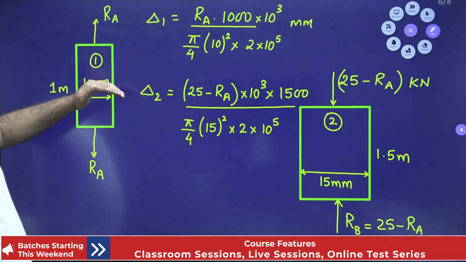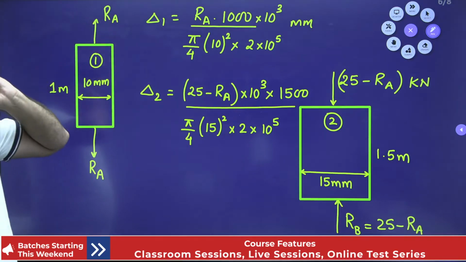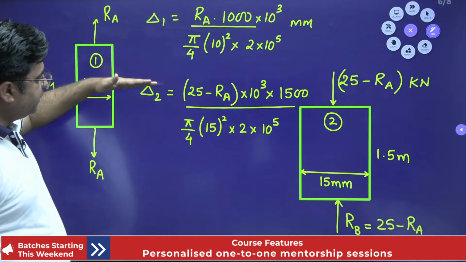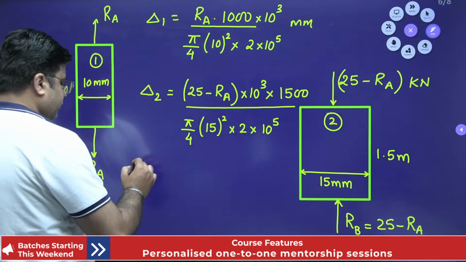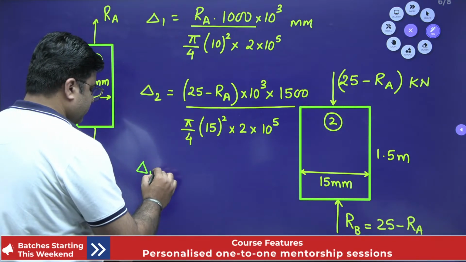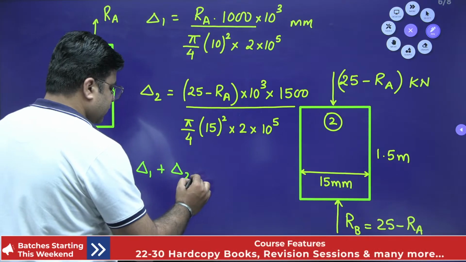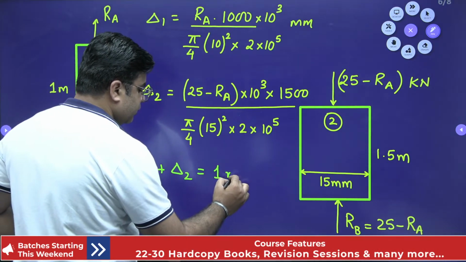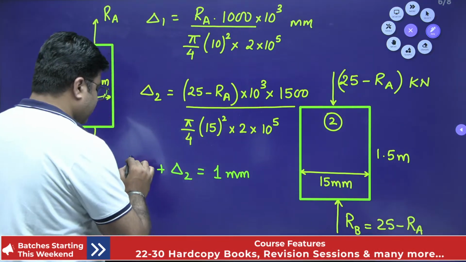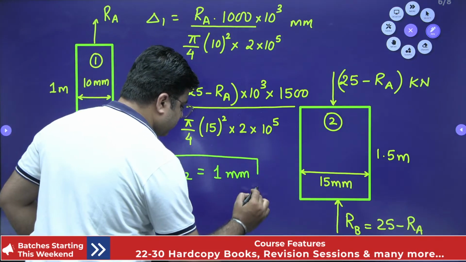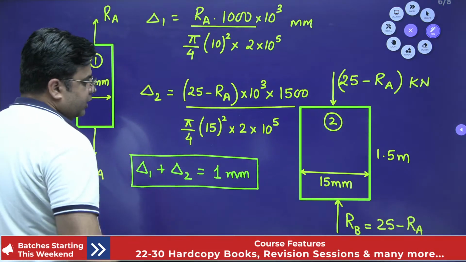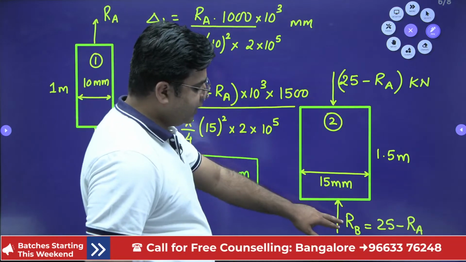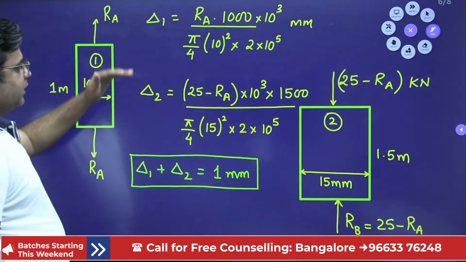So this is delta 2, this is delta 1. When you add delta 1 plus delta 2, it equals 1 mm. From there you can get the value of RA, and from RA you can get the value of RB.